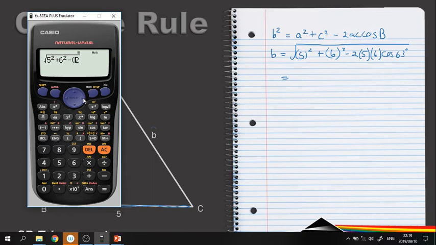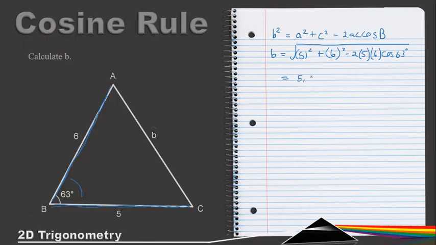So I've got 2 times 5 times 6 times cos of 63. I close my small brackets and then I close the big bracket that I put in. So this gives me 5.81.